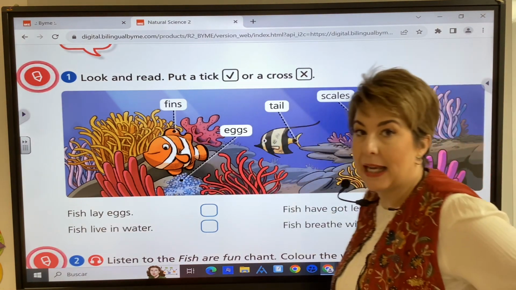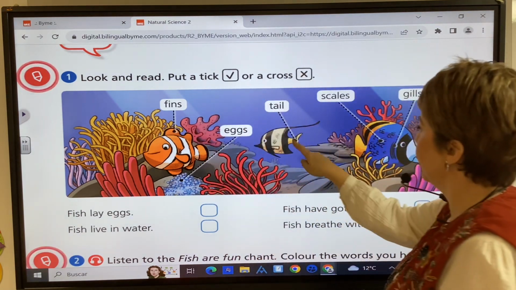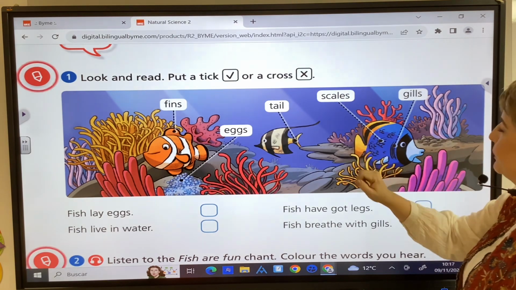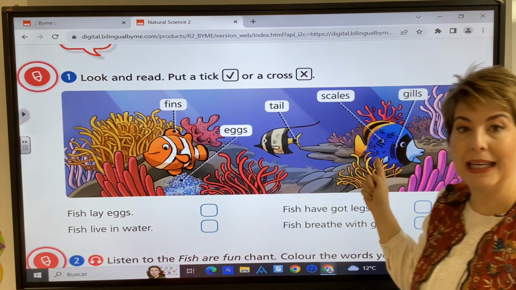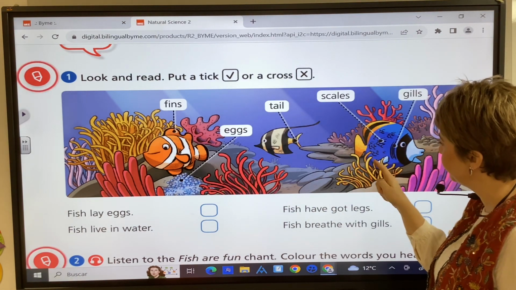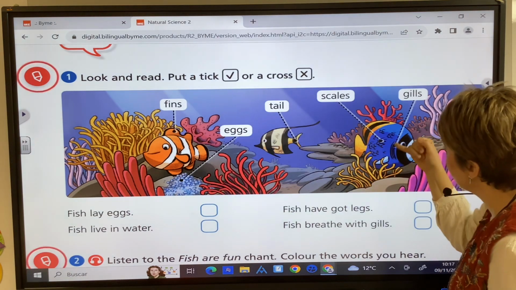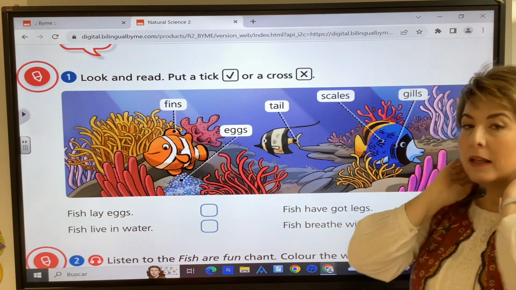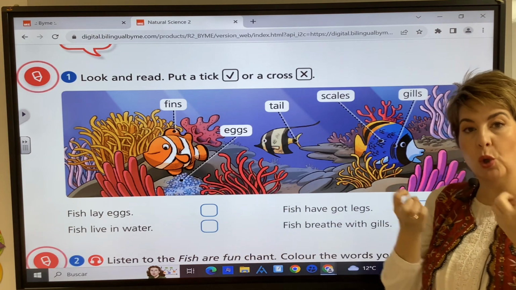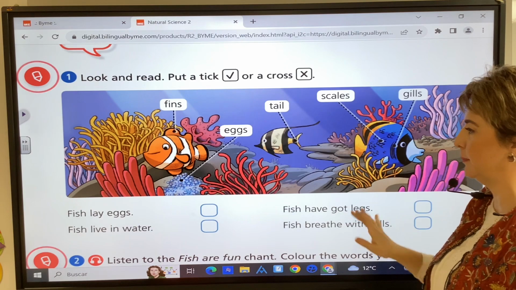They have a tail for swimming. This is a tail, and a tail. They have scales to protect their bodies, scales. And they have gills, these ones, that help them breathe. So they absorb the oxygen from water through their gills.